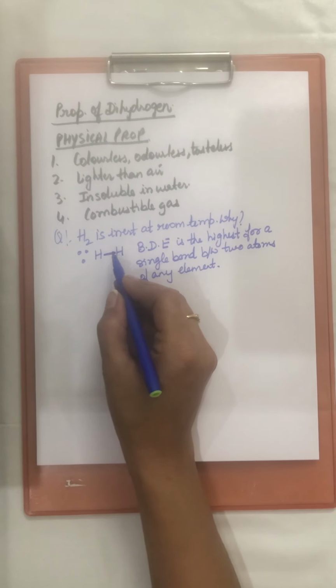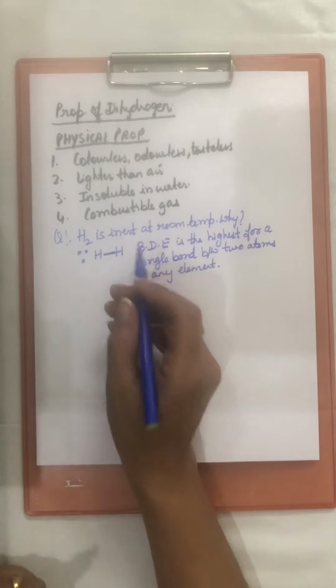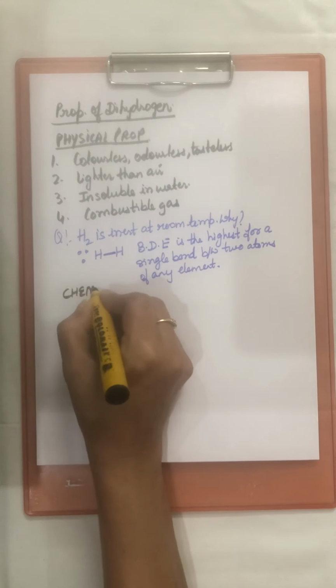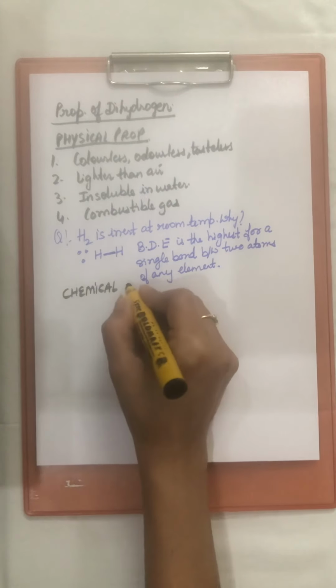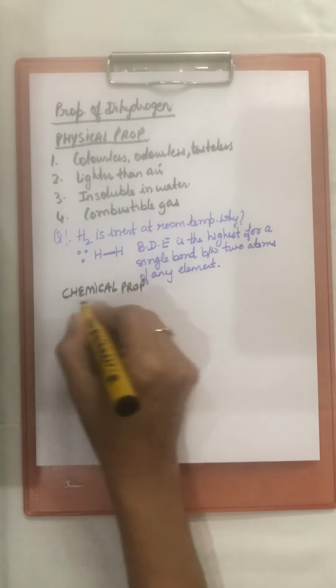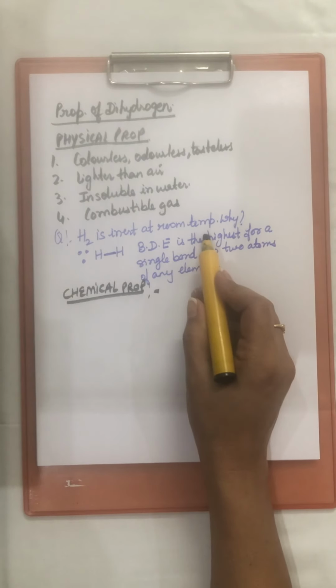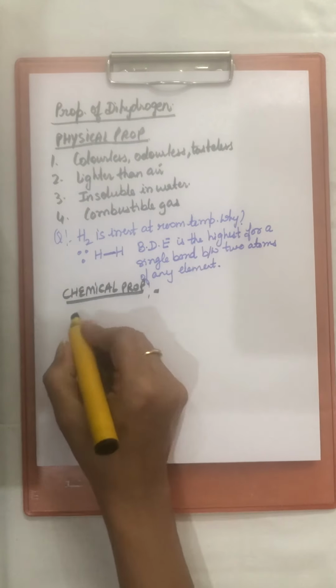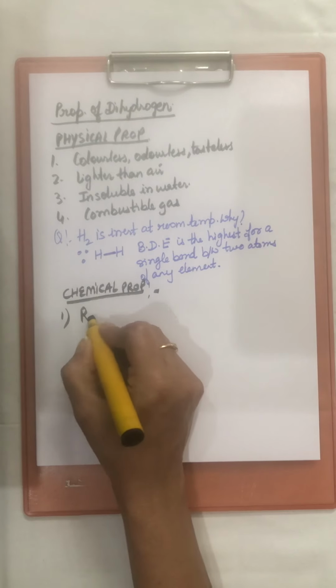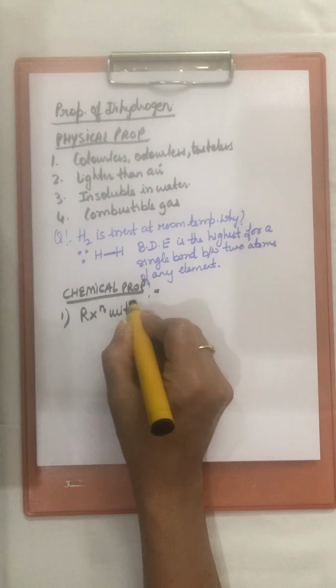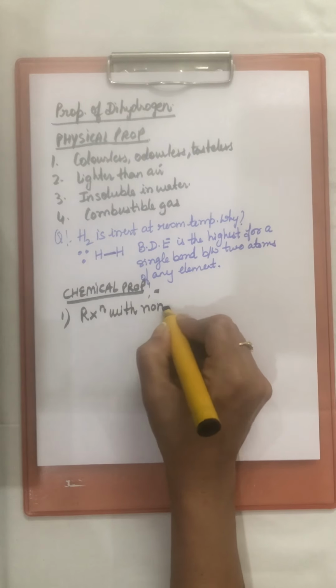After this question, now we have chemical properties of hydrogen. Chemical properties of dihydrogen. Though its reactivity is less at room temperature, it still reacts with some elements and compounds. Reaction with non-metals.